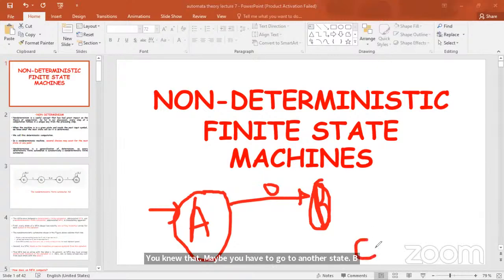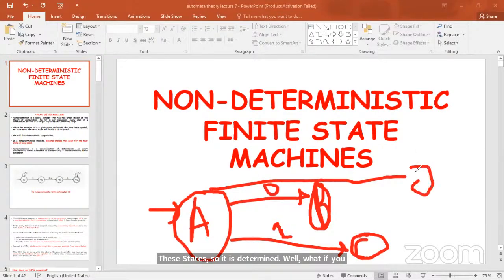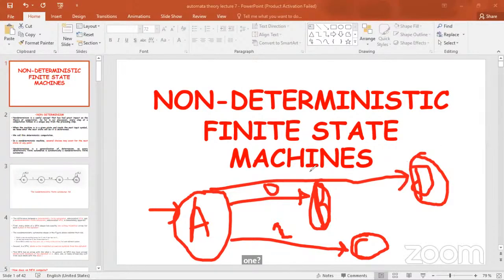Maybe you have another state C here, and you pick up a 1, you go to this state. So it is determined. But what if you have another state 1 going to another state D? That means, are you going to be throwing a die to know where you're supposed to go from here? So this is non-deterministic.